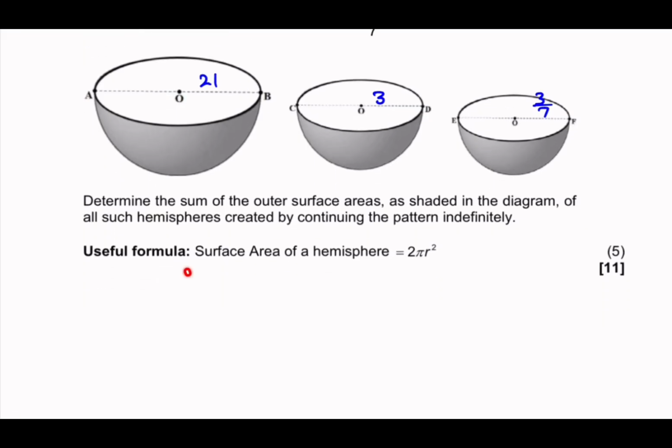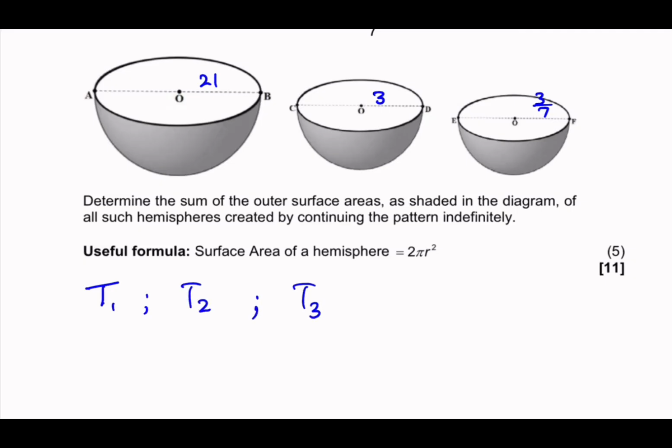You're also reminded that the surface area of a hemisphere is given, and the good thing about this is that if it's a shape whose formula you have to know, the formula will be provided for you. This is the formula provided: 2 pi r squared, the surface area of a hemisphere. So each hemisphere has that surface area. Usually you need the first 3 terms, and it really does help to do that.